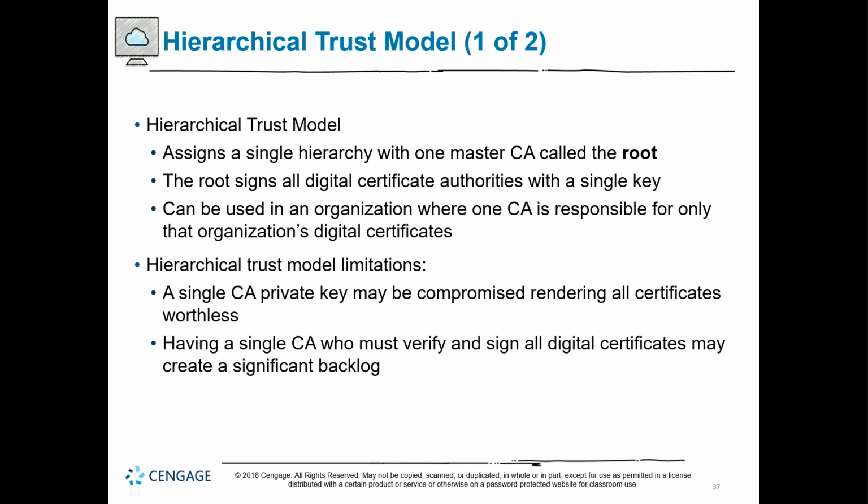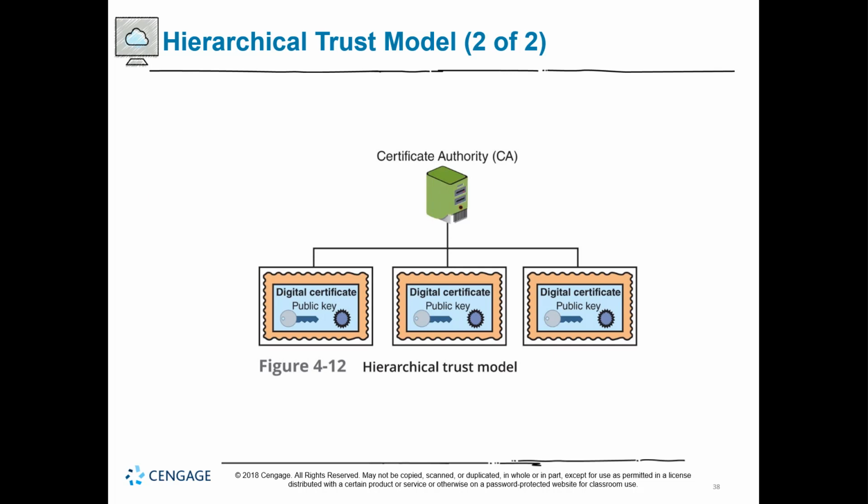Having a single certificate authority who must verify and sign all certificates may create some issues. So here we have the certificate authority. They have multiple public keys for each private key that they have.